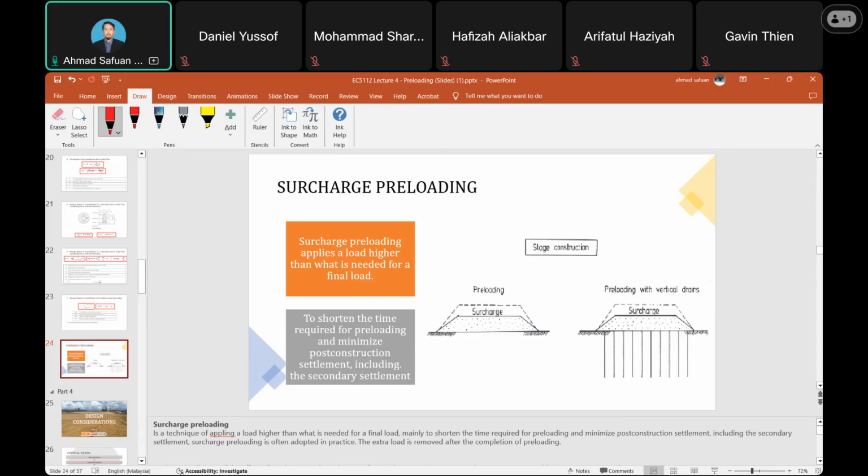Surcharge preloading is often adopted in practice, and the extra load is removed after the completion of the preloading.